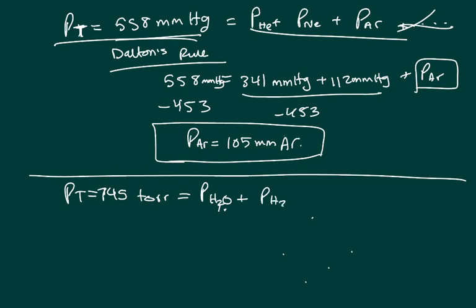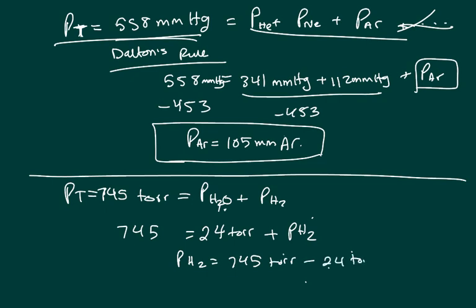And the water vapor pressure we find out to be 24 torr, and we want to figure out what the partial pressure of the hydrogen gas is. So of course, to figure out the hydrogen gas, you would have to do 745 torr minus 24 torr, and that will give you 721 torr for the partial pressure of hydrogen.